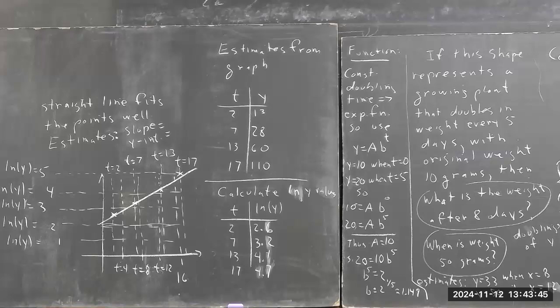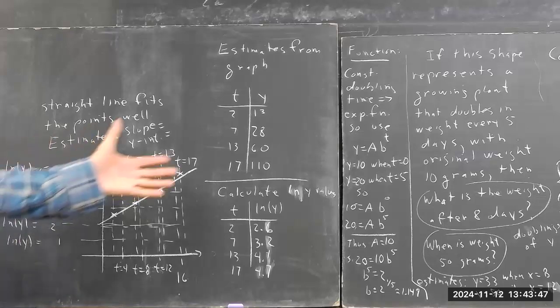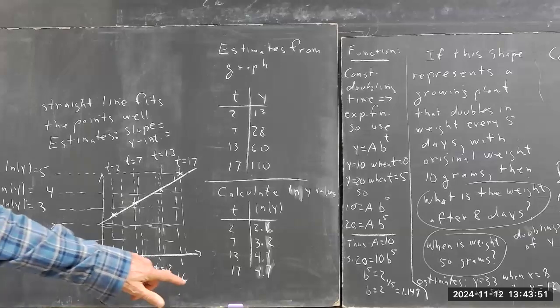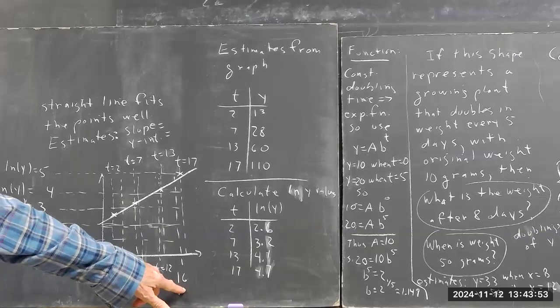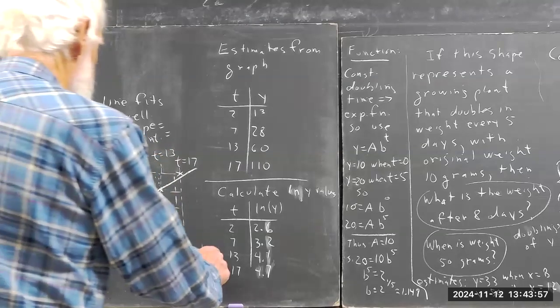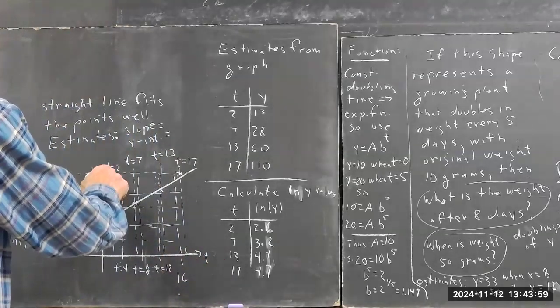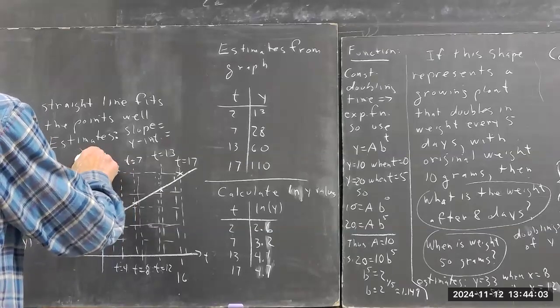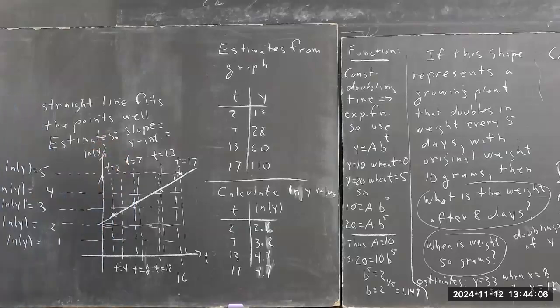I'm not sure how much of that I recorded, but we construct a graph. I use the line t equals 16 here. Here's my t-axis, and the vertical axis is actually going to be the natural log of y.